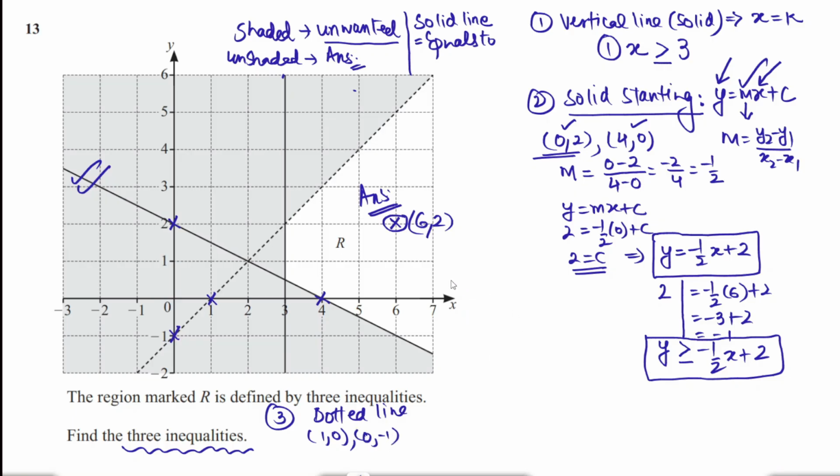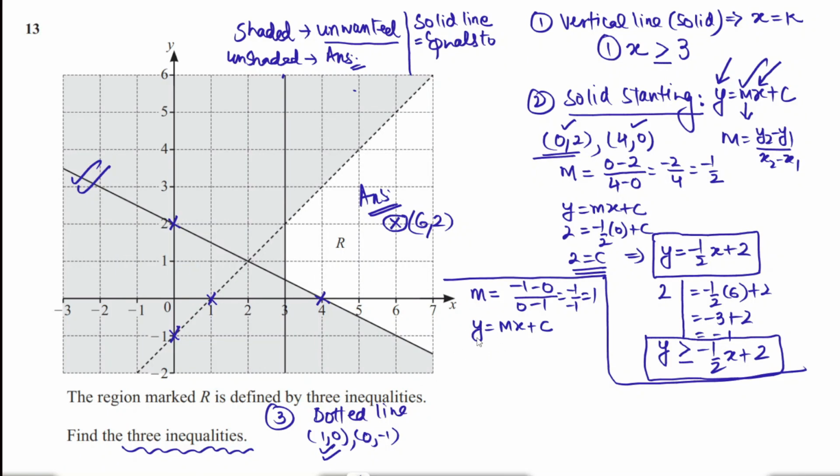So what do we need to do? We need to find the m first. So m is given by y2 minus y1 over x2 minus x1, that is minus 1 minus 0 over 0 minus 1. This comes out to be minus 1 over minus 1, and it gives you 1. So m is 1. So the equation is y equals mx plus c. Take any point.